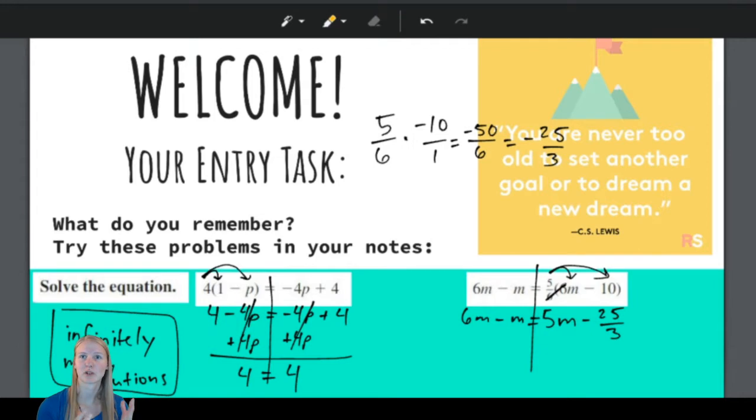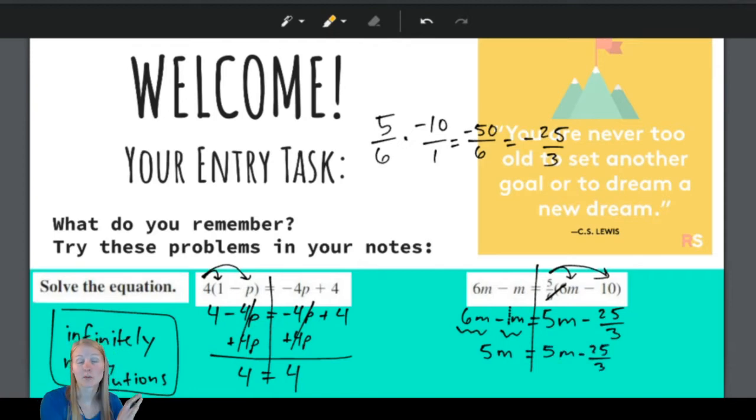Okay, now let's simplify both sides of the equation. I notice that I have an apple and an apple. I have 2 variables on one side of the equation, so we can combine like terms. 6m minus m. Remember, there's an imaginary 1 in front of here, so 6 minus 1 is 5m. And then bring down everything else on the other side of the equals sign.